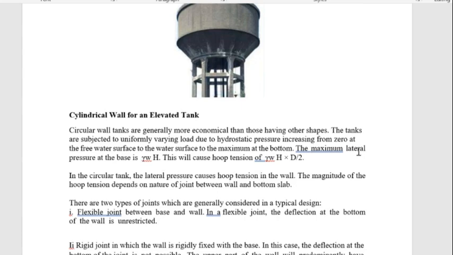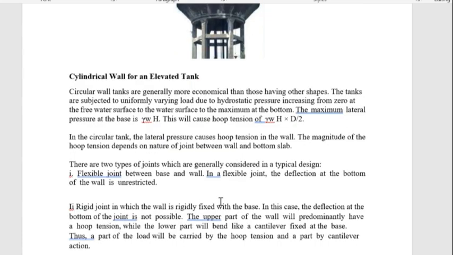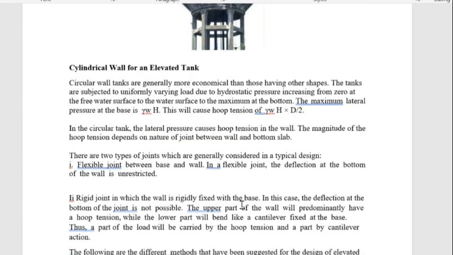So of course we have a maximum lateral pressure at the base, gamma w H, which will cause a hoop tension. You need to work out the hoop tension that will be caused by the hydrostatic pressure. In the circular tank, the lateral pressure causes hoop tension in the wall. The magnitude of that depends on the nature of the joint between the wall and the bottom of the tank.